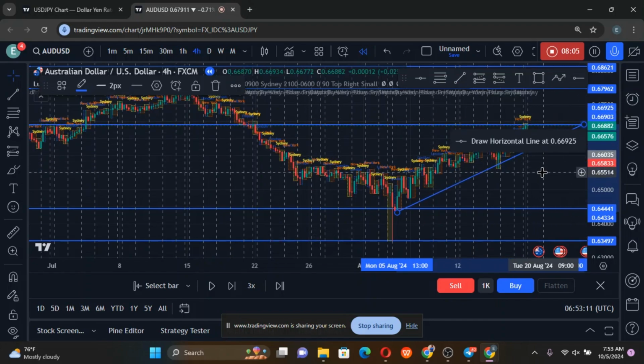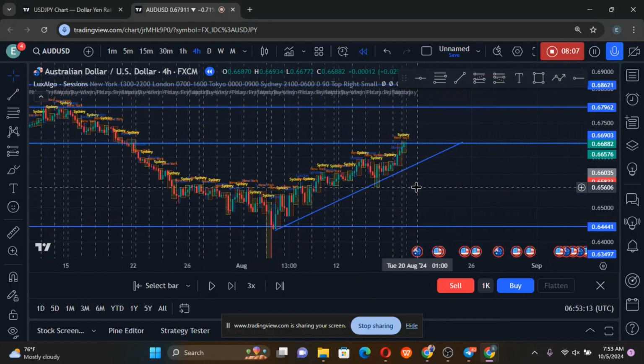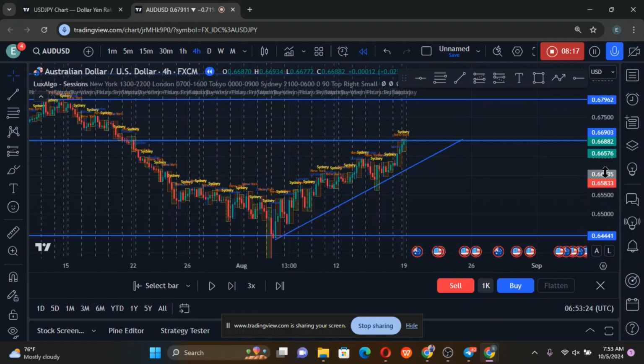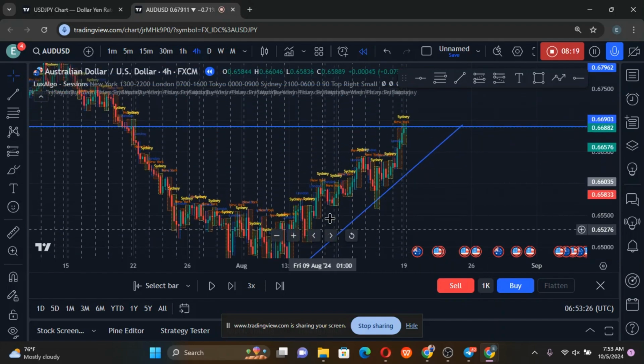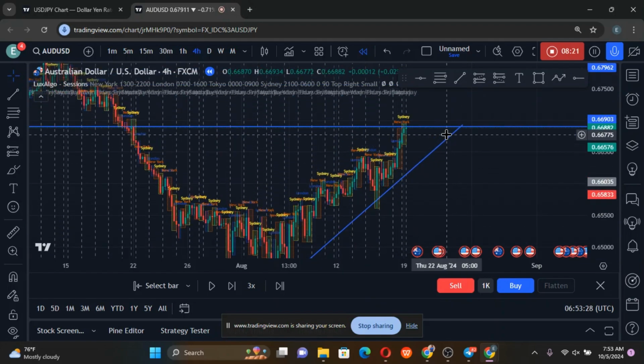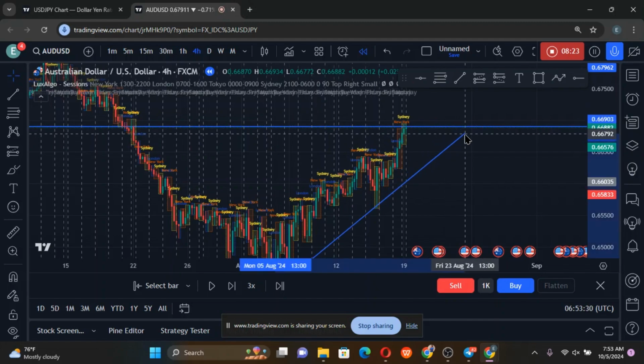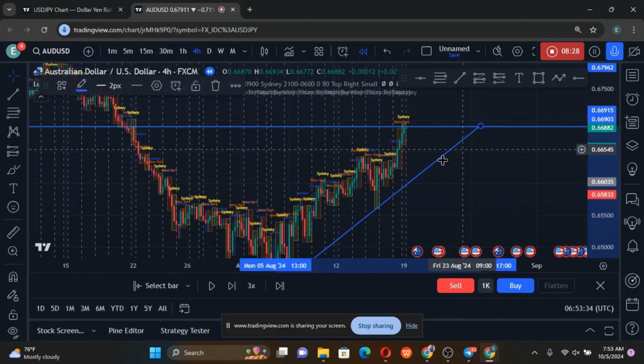That's my uptrend. Now my uptrend line collides with my horizontal resistance. For those who know, this forms an ascending triangle, a chart pattern. I have an uptrend line which collides with the horizontal resistance. You don't want the wicks of your candles to be cut and so on.